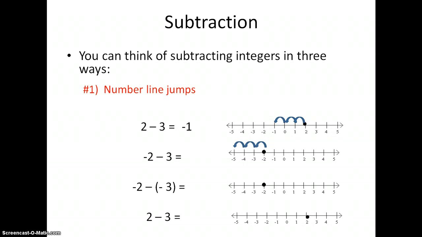So you start with -2 and you want to subtract a -3. The -3 would normally go to the left on the number line, but since we're subtracting, we're going to go in the opposite direction, 3 over to the right, and we will arrive at a +1.